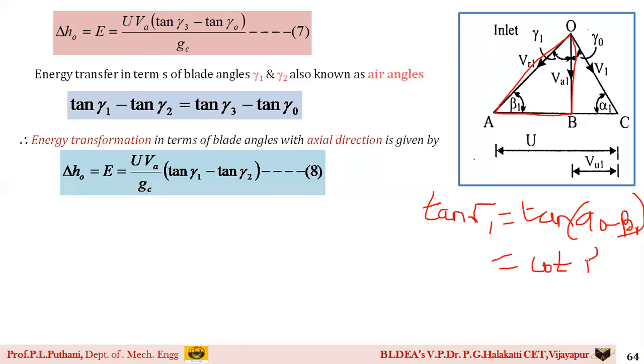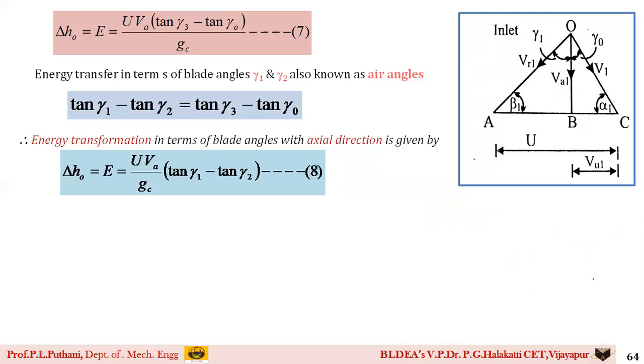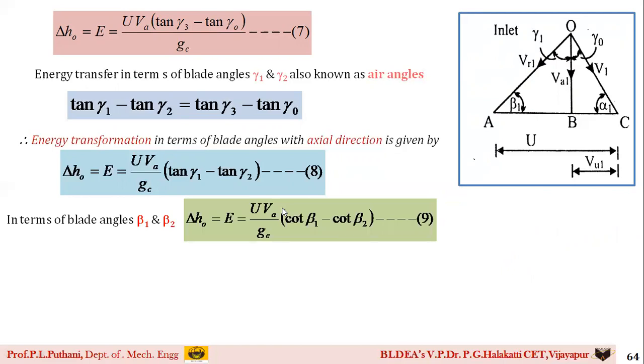So the blade angles beta 1 and beta 2 you can write in the form of cot also, and then convert them. Now in terms of blade angles beta 1 and beta 2, I will write tan gamma 1 minus tan gamma 2 as cot beta 1 minus cot beta 2.